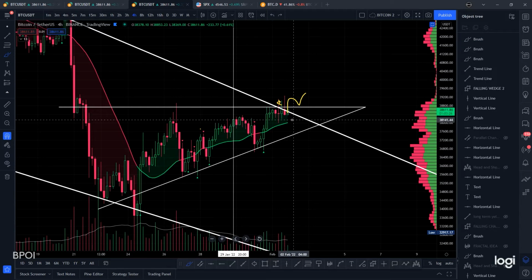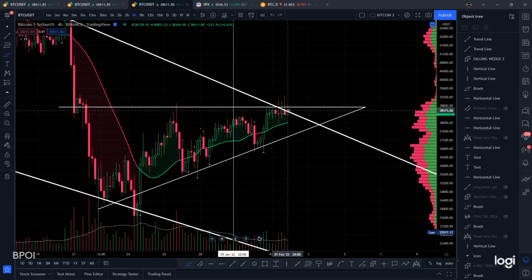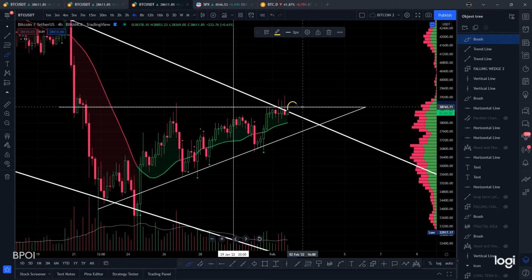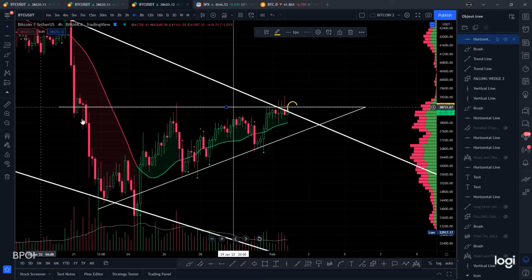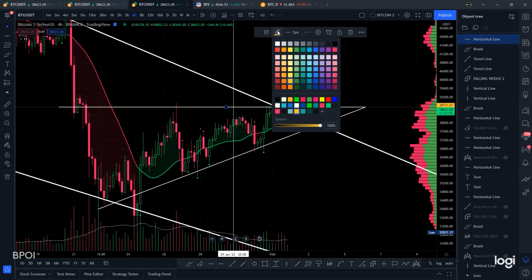So we're looking for a candle close at midnight, ideally above this trend line. If we can get a candle close above what would be 38,743, let me just draw a horizontal trend line in there.